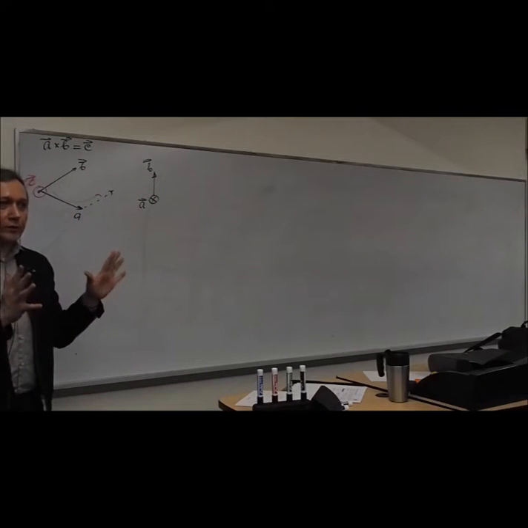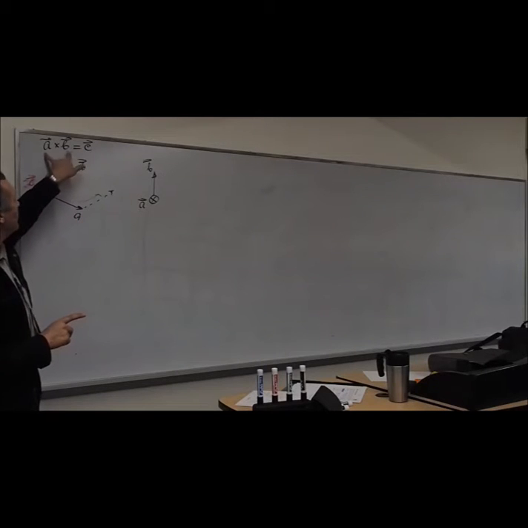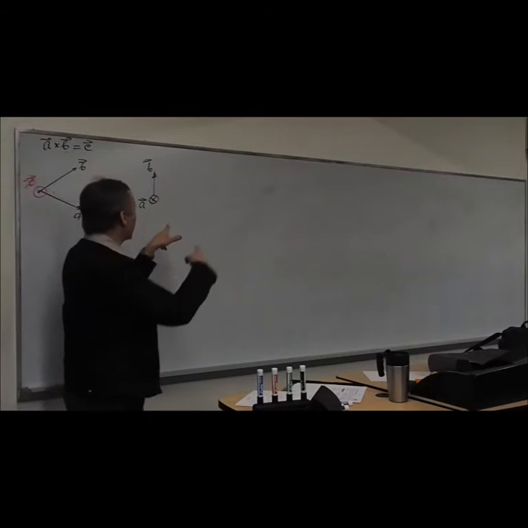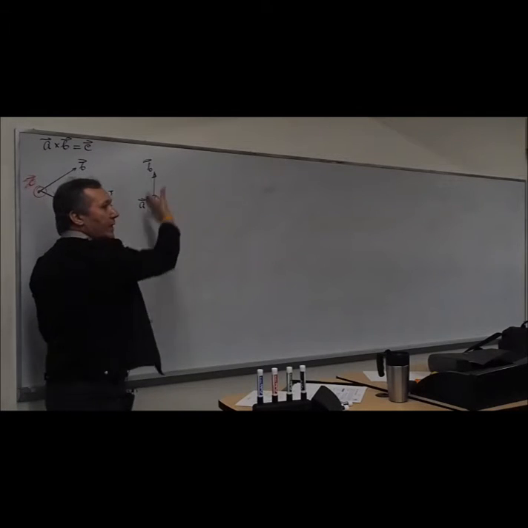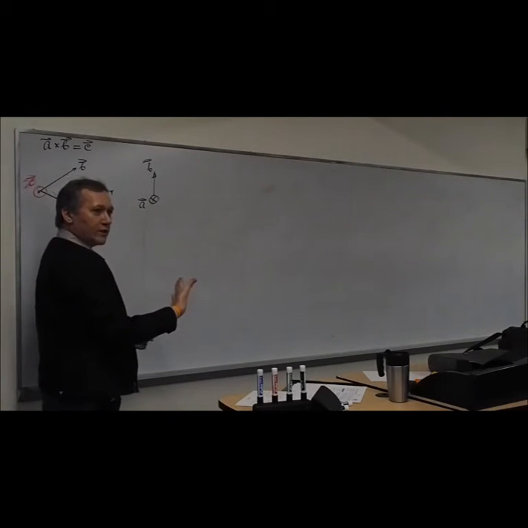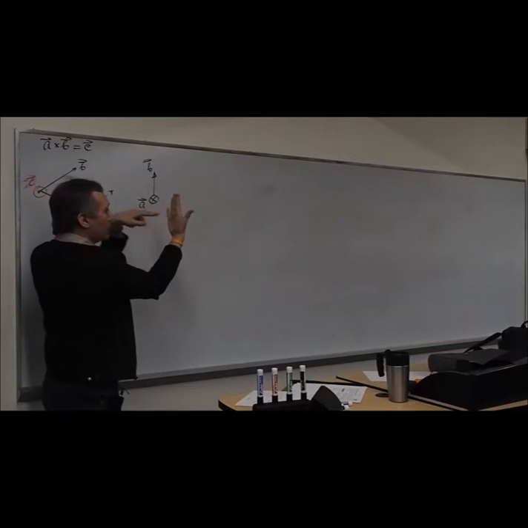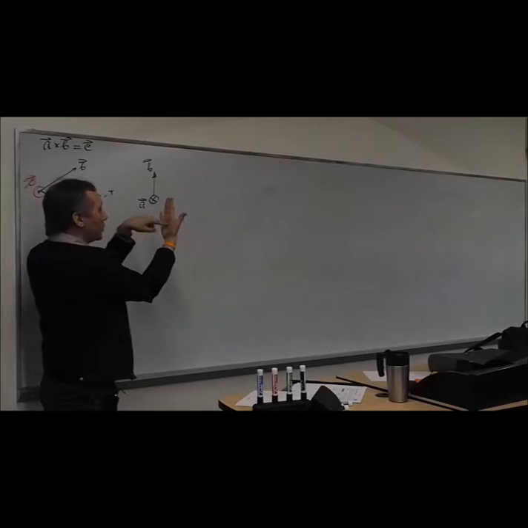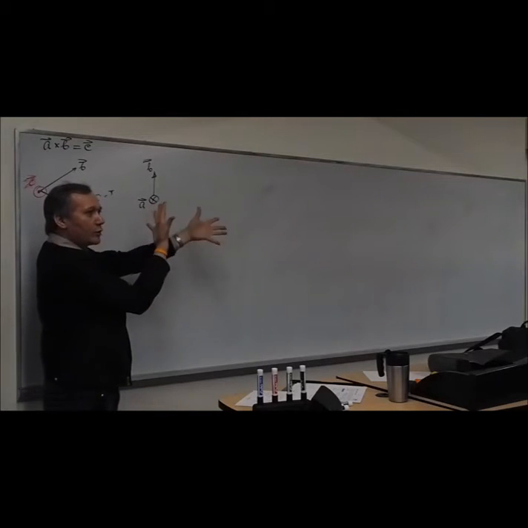First, again, you need to restrict yourselves to two possible directions. C must be perpendicular to both of them. A is in, B is up, so they form this plane. So the C vector must be perpendicular to this plane. So it should be either this way into the plane, or that way. So there are only two options.